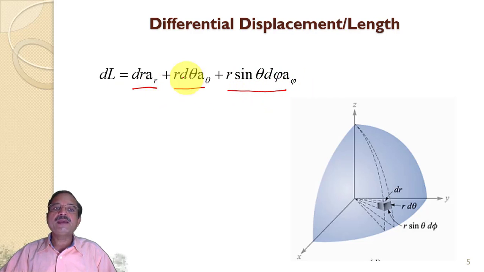So, this total length becomes dl, the differential length. It is a vector quantity, so all these are vectors. This is the differential length in spherical coordinates in general.